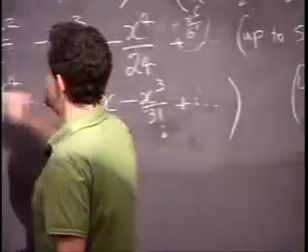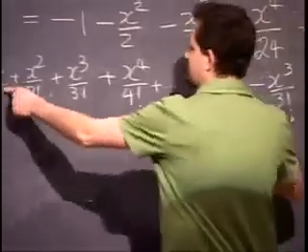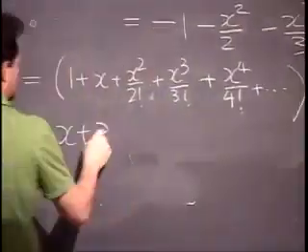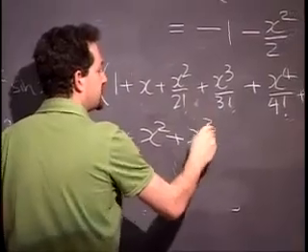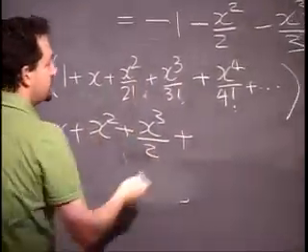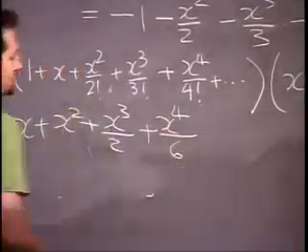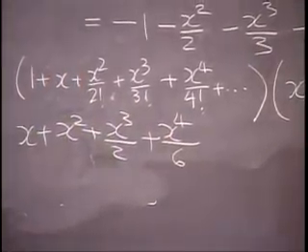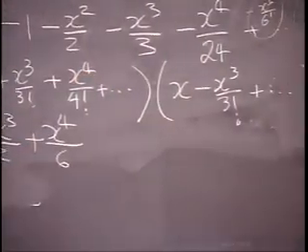So if I were to multiply this out, I would say x times 1 is x, fine. X times x is x squared. X times x squared over 2 factorial is x cubed over 2. X times x cubed over 3 factorial is x to the 4th over 6. I'm expanding out the 3 factorial. But x times x to the 4th over 4 factorial is x to the 5th.